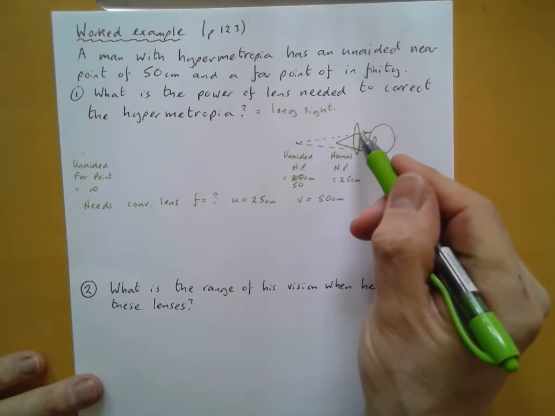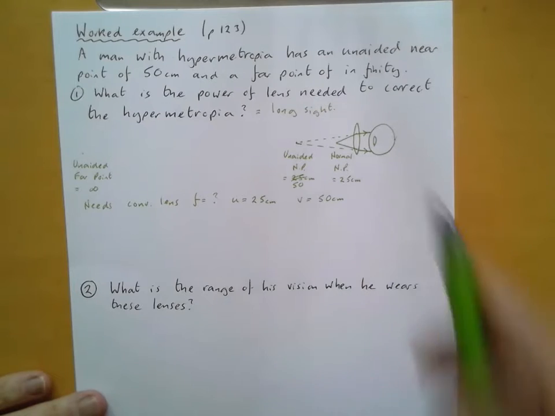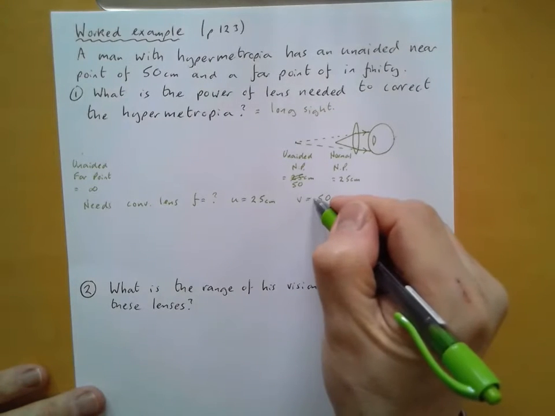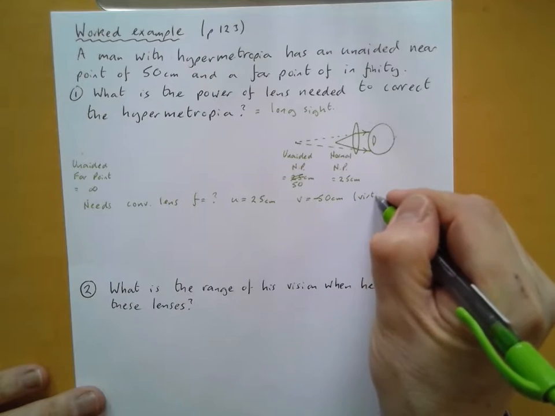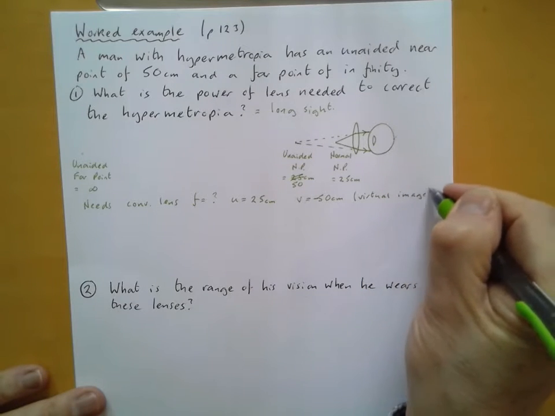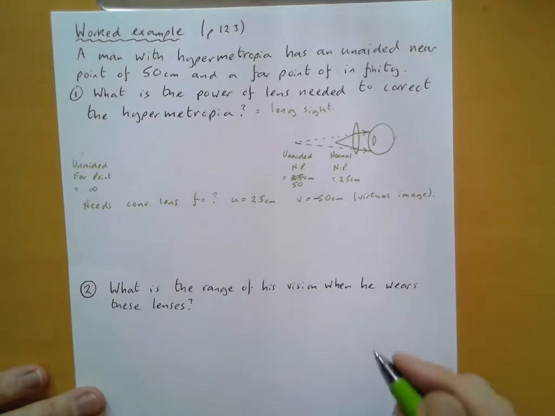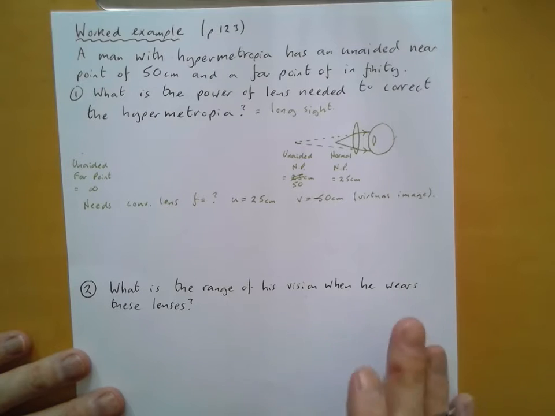And because the rays appear to come from that point but don't actually pass through it, it is a virtual image. Therefore, it has to be a negative. Okay, now that bit's tricky, so you might want to go back and look at that again.